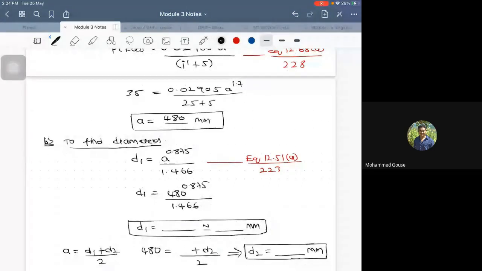Okay, 151.34. So we'll round it up to 155. Now substitute 155 in this expression to calculate the center distance, and thereby you can get the value of D2.